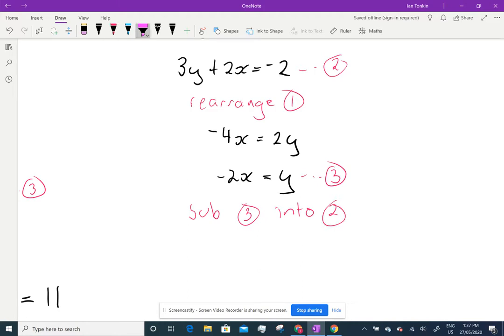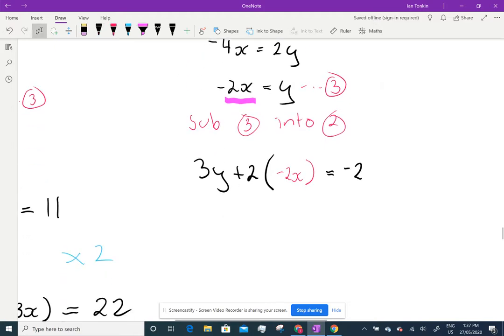So I'm going to put this in there, and I'll use colour. So I get 3y plus 2x equals negative 2.